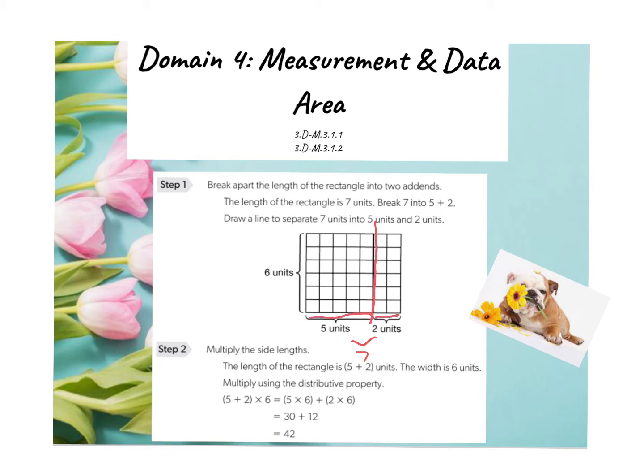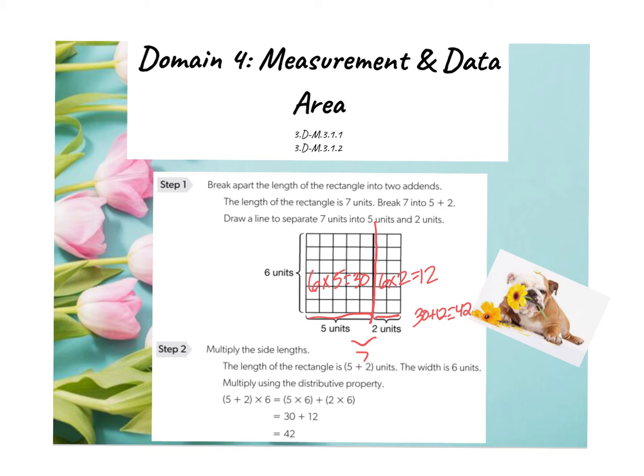We're still multiplying 6 times 5 and 6 times 2. That gives us 30 and 12. Adding up 30 plus 12 would give us 42 square units, which would be the area for this.